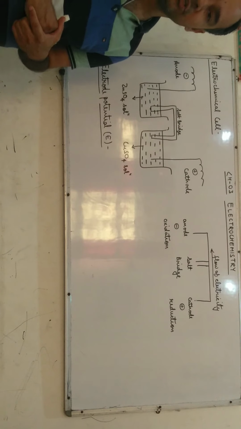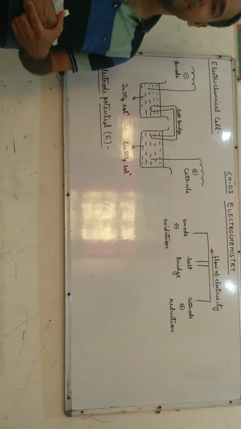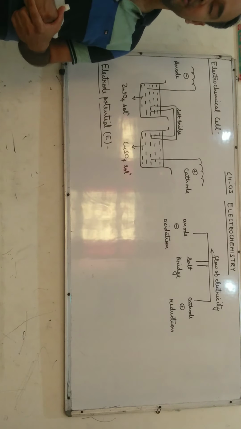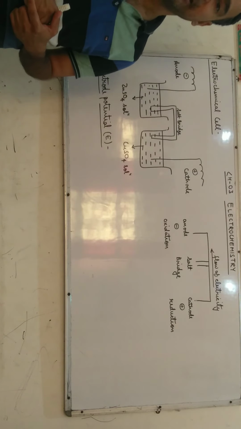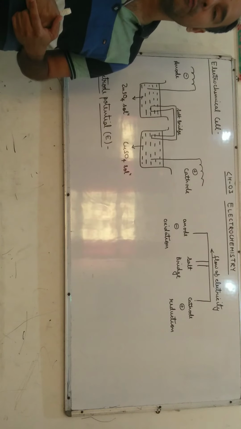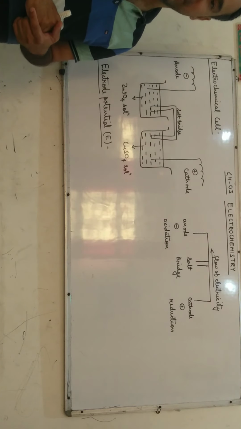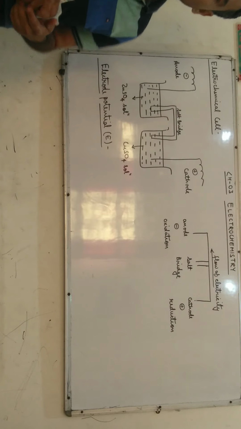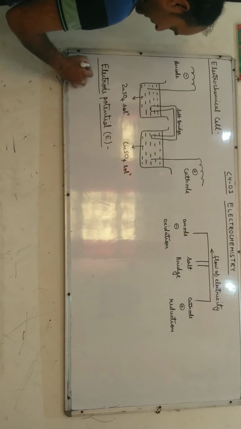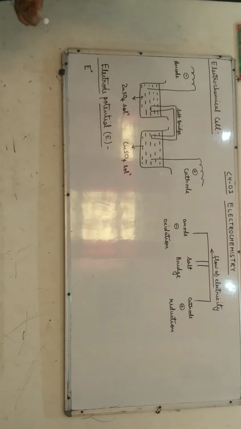When the concentration of all species in half cell reaction is unity, electrode potential is said to be standard electrode potential. It is represented by E naught and its unit is volt.